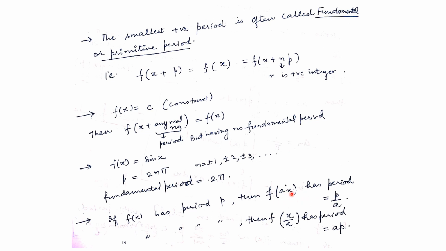Sin x has period 2 pi, so sin 2x has period 2 pi by 2, which is pi. In the same way, if f of x has period p, then the function f of x by a has period a times p. So if we have the function sin x by 2, it is periodic with period 4 pi.